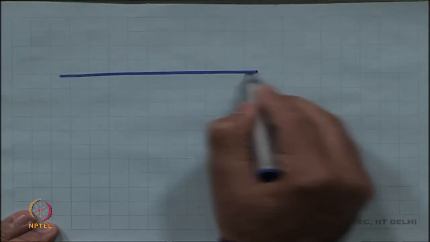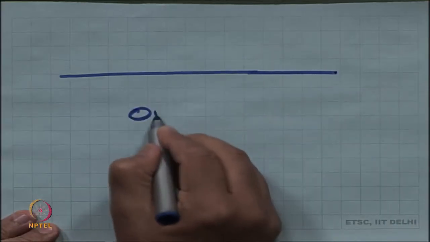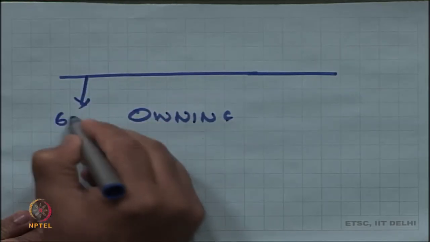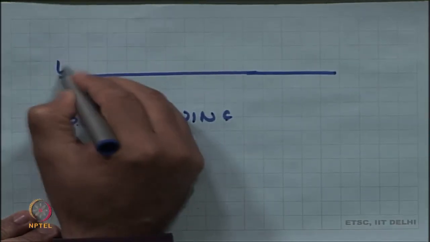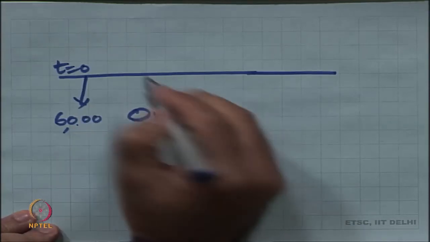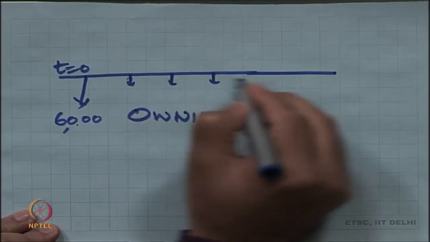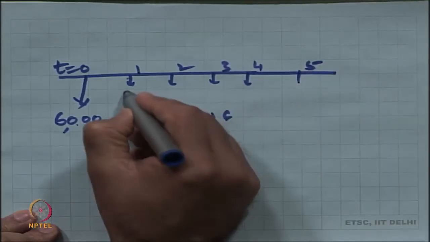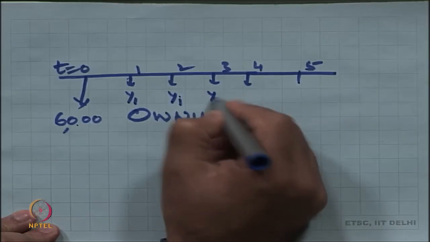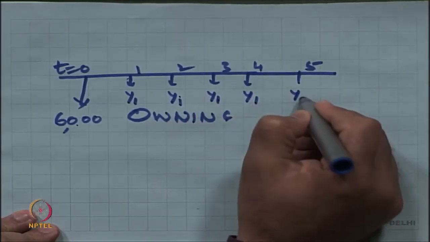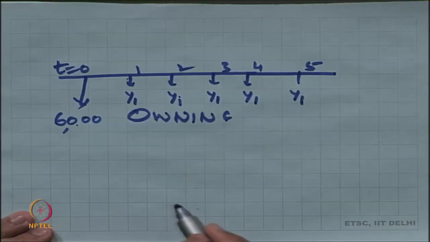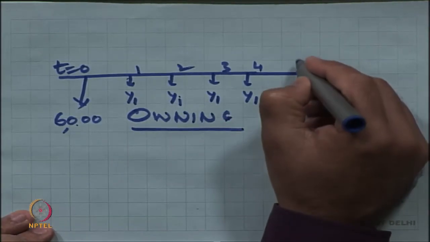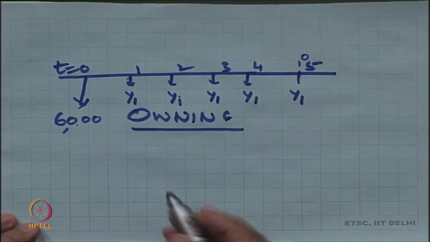As far as this owning option is concerned, you can own the compressor for $6,000 if you have this much money at t is equal to 0, and let us assume that planning horizon is 5 years. Let us assume y1 annually is the operation and maintenance cost for this particular equipment. This is the owning option. Now, there is no salvage value given, so salvage value is 0 here.